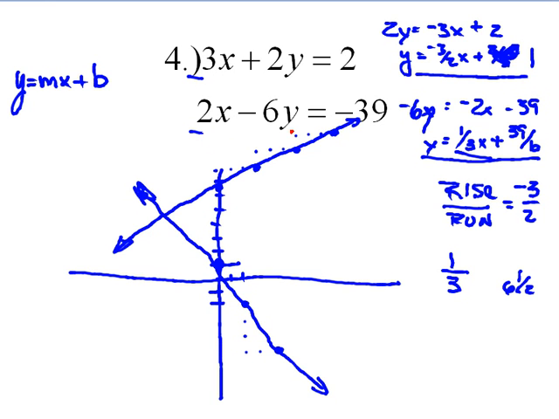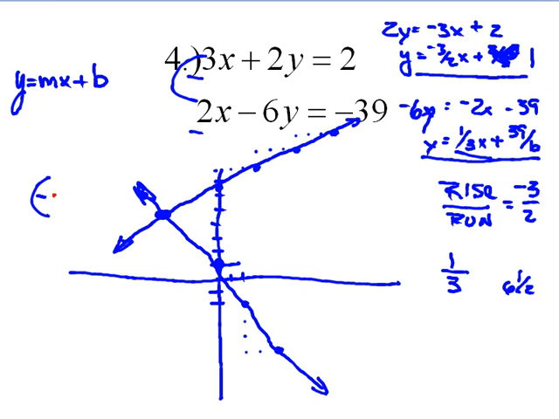Now if you do this on grid paper, which I highly recommend, you're going to be able to find this point exactly. It's a little bit difficult in this particular problem, but I'll tell you what it is. That point represents the x and y values that solve these two equations simultaneously.